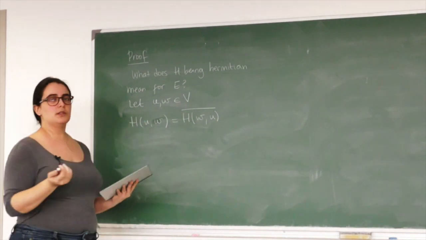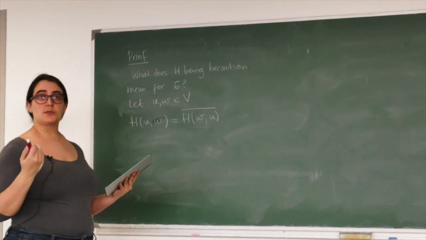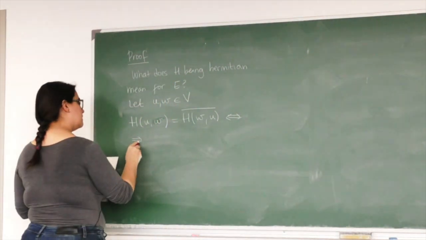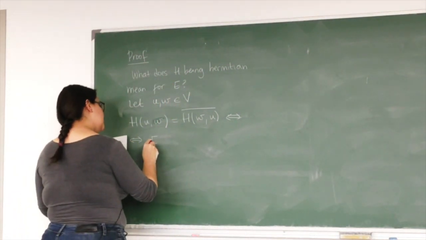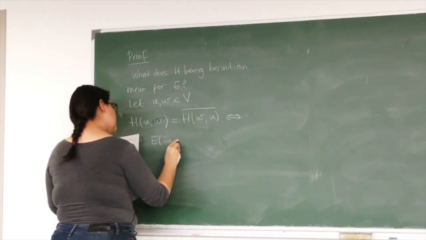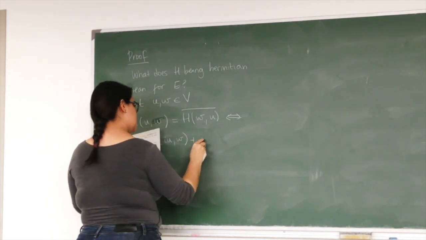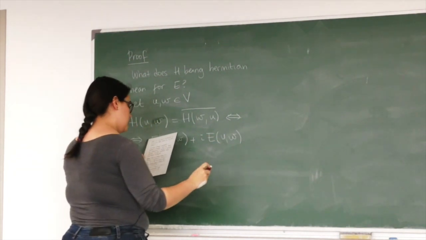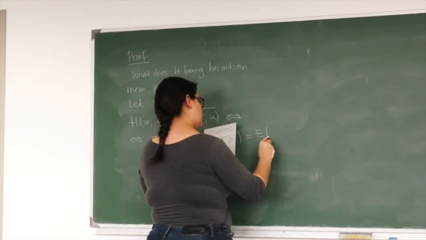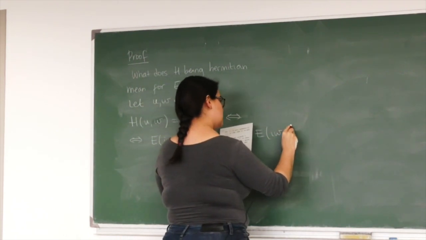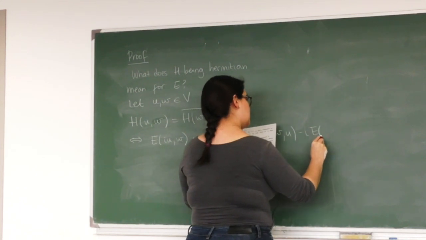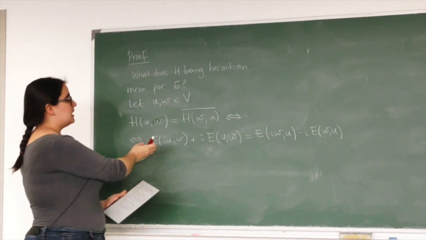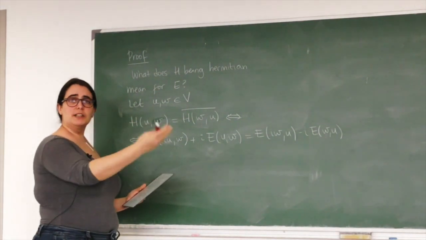Now, if you remember the definition of Riemann form, we can write this in terms of E. And what we have is that E of I U, W plus I E of U, W is equal to E of I W, U minus I E of W, U. Remember that E goes from V times V to the real numbers.